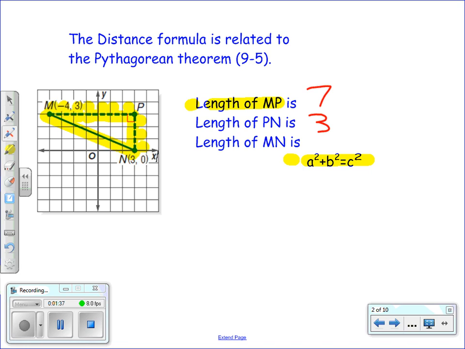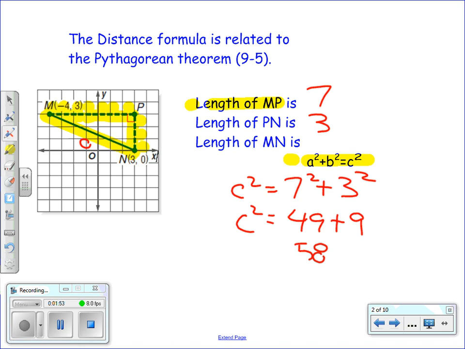And if we called this C, we could figure out C squared, like what you learned last night, and figure out that C squared is 49 plus 9, or 58, right? And C would be the square root of 58. That's what you were doing in lesson 9-5, Pythagorean theorem.